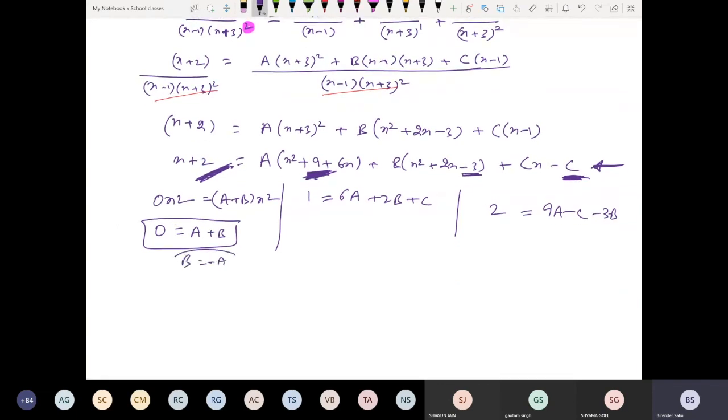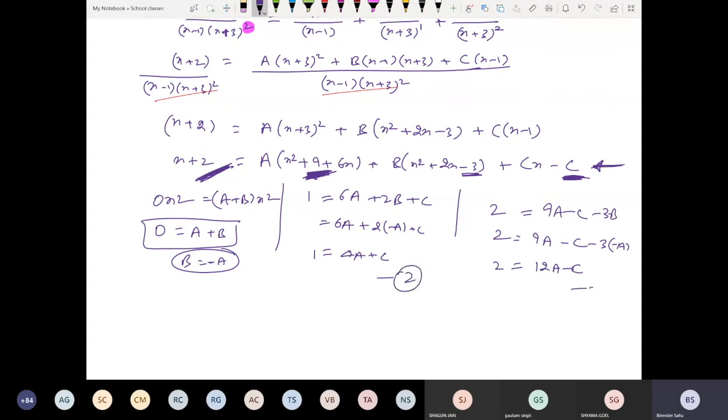Just solve it. b is minus a. I will replace b in terms of a. So 4a plus c equals 1. Here it will be 9a minus c minus 3 into b, and b is minus a, so this will be 12a minus c equals 2.